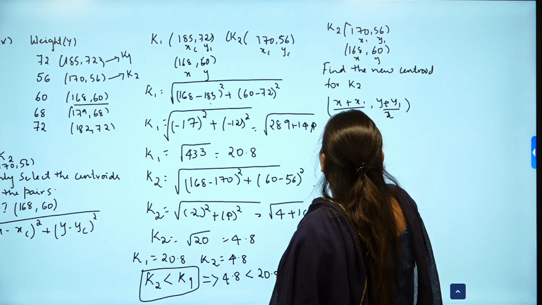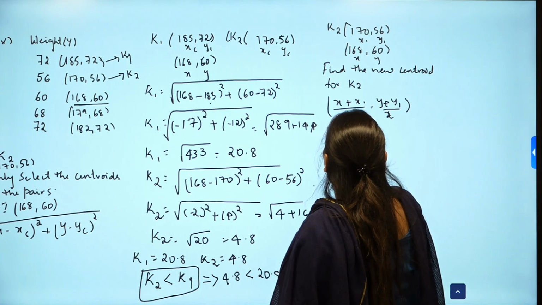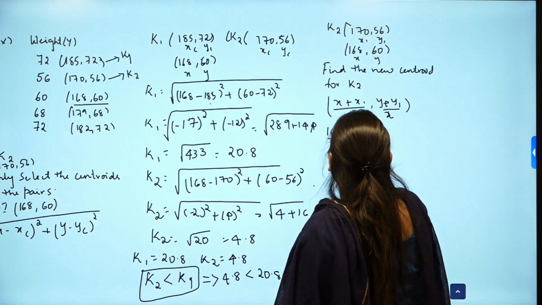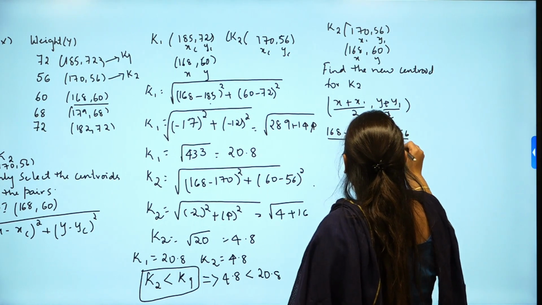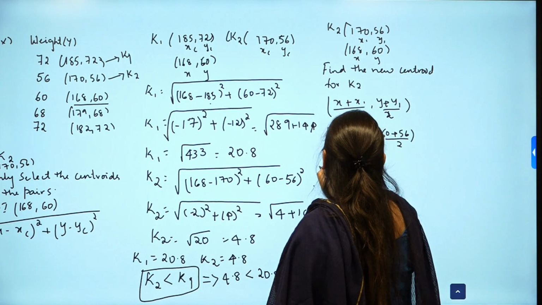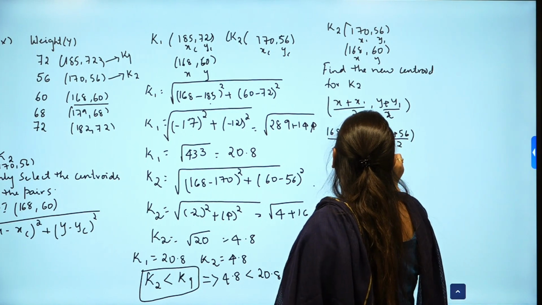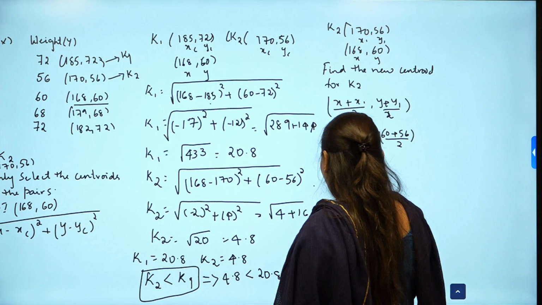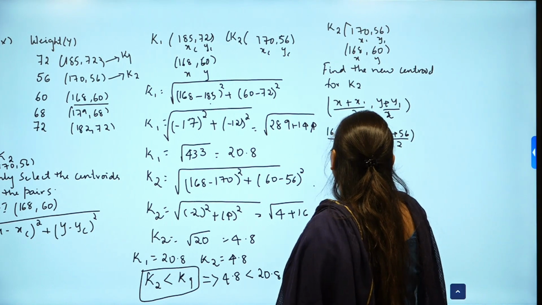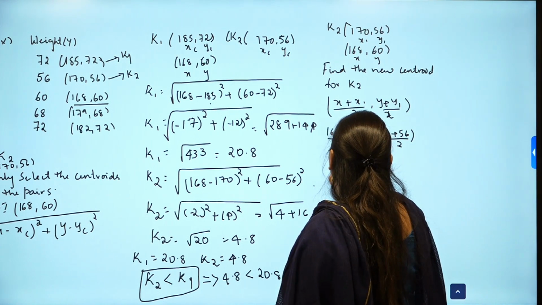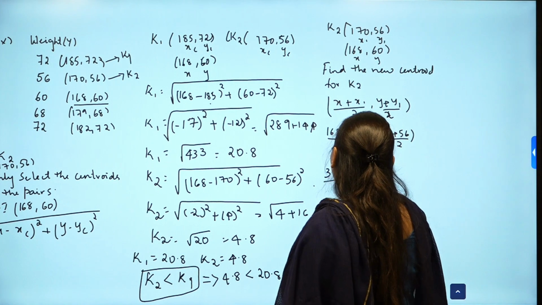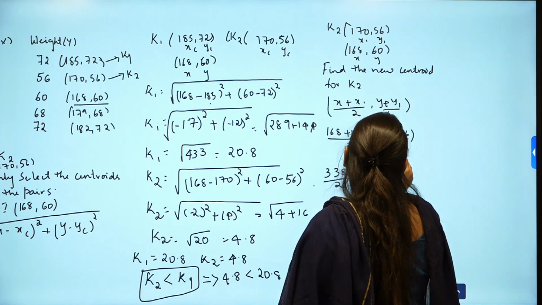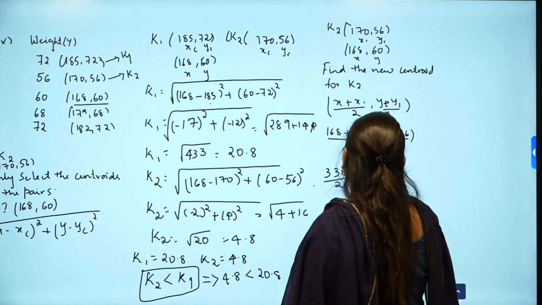Now 168 plus 170 by 2 comma 60 plus 56 by 2. Now what is the answer? 168 plus 170 is 338 by 2 comma 116 by 2.